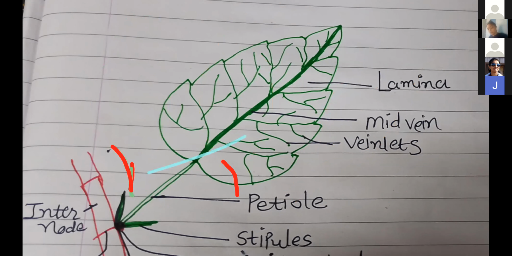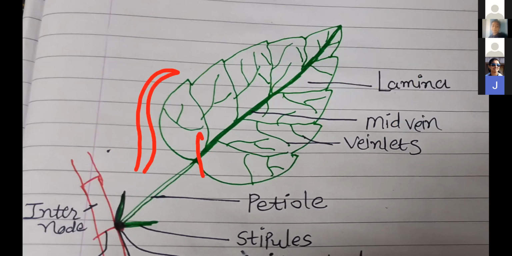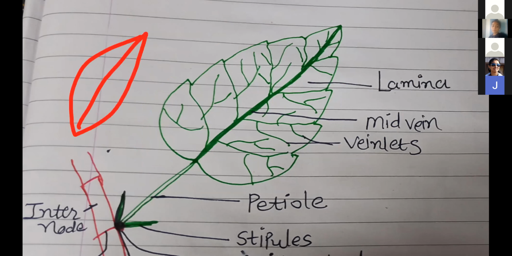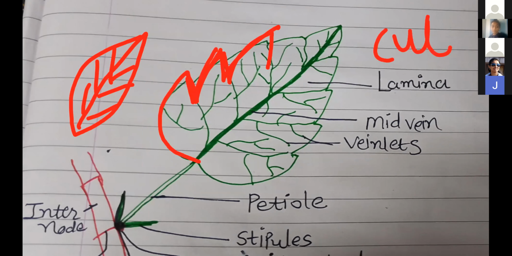In some of them, smooth margin is there. Then their apex region is also variable: in some of them a notch-like structure, in some a pointed structure. Then their surface, large or small, and the extent of incision. Incision means cutting. Some leaves are simple, but some have this type of margin, which we call cuts.